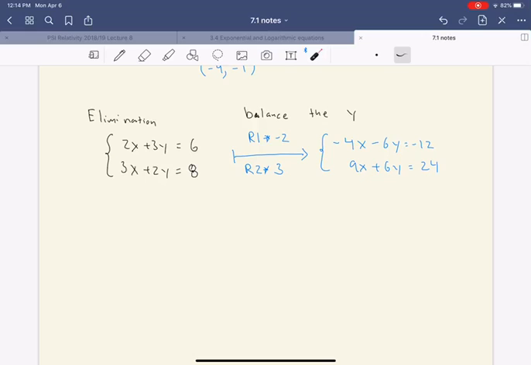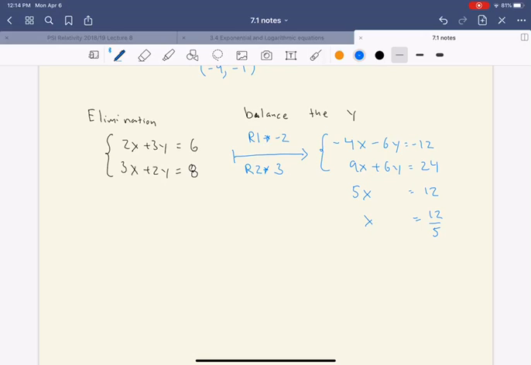So now you see, when I add these two together, the y equations are going to cancel. Okay, y equations canceling, that's going to leave me with 5x equals 12, or x equals 12 over 5.